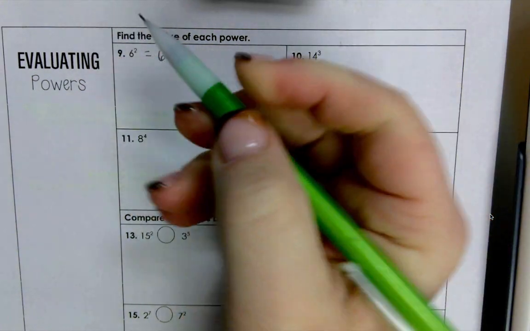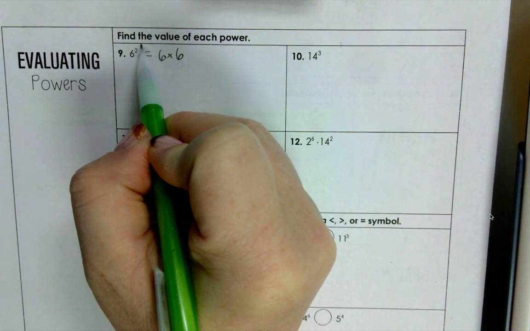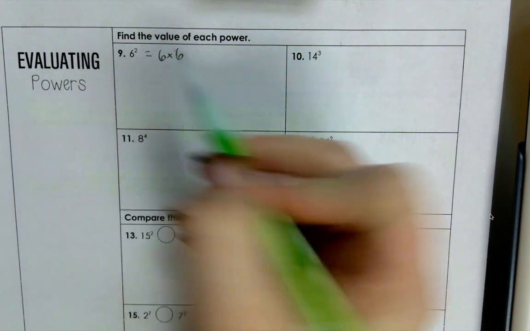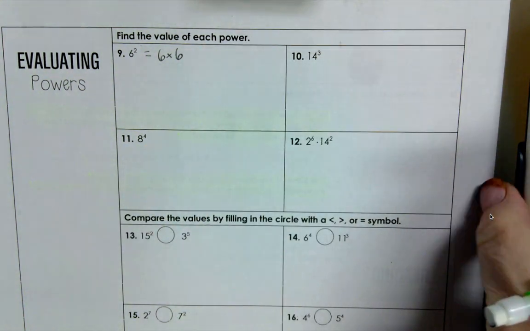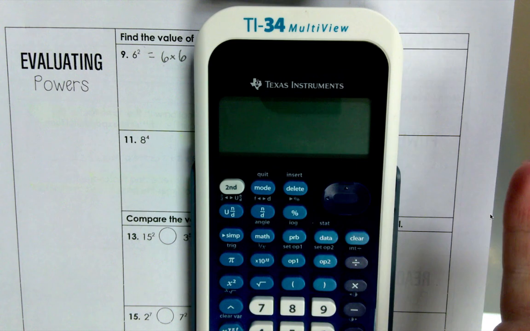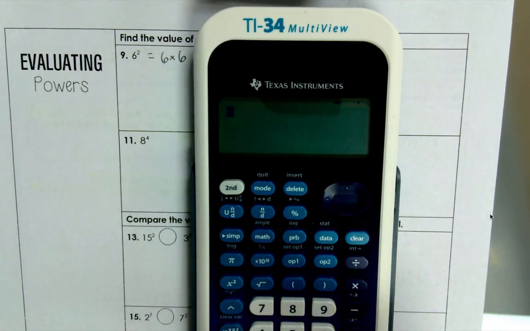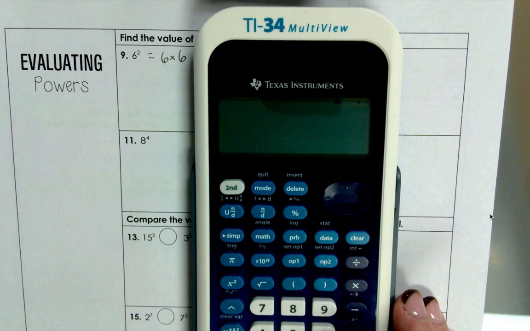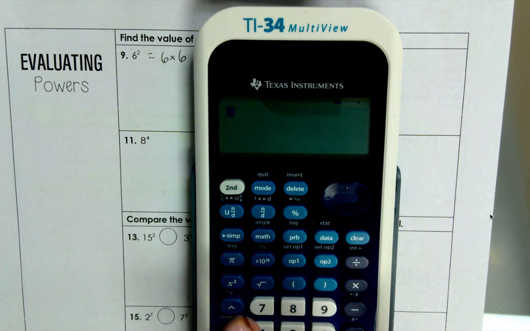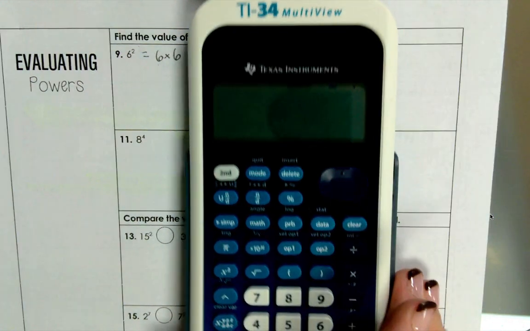So expanded form of 6 to the power of 2 is the same thing as 6 times 6. Now, if you have your calculator, you can obviously multiply 6 times 6 if you don't know those facts. But with this calculator, to do exponents, where's my exponent? Oh, there it is. We don't want that one.